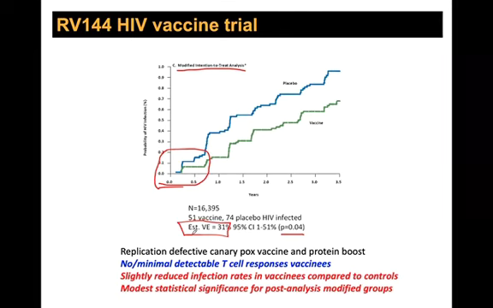If you go to sub-Saharan Africa, the exposure numbers are much higher, and you're talking about a much more diverse viral population. In Thailand, it's a very narrow population, so you wouldn't necessarily need a broadly applicable vaccine.